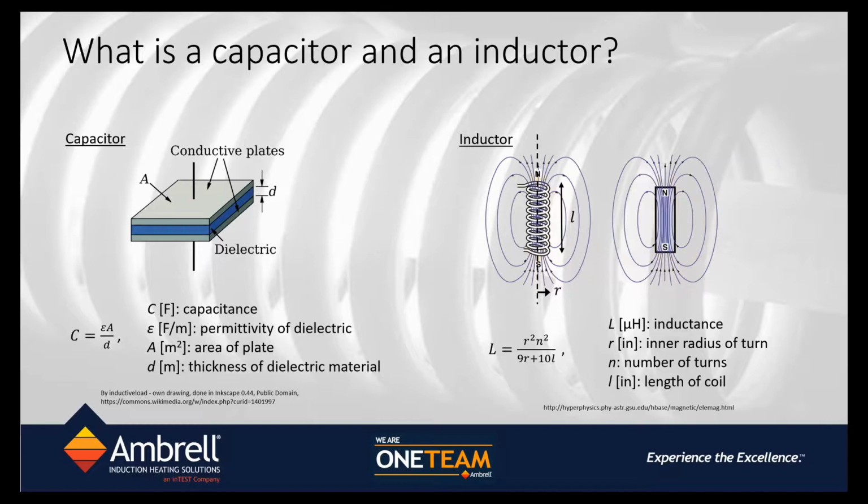This inductance can be calculated by this formula, but this formula does not hold for all different shapes of the coils. It's only good for a coil that is round and cylindrical in shape.